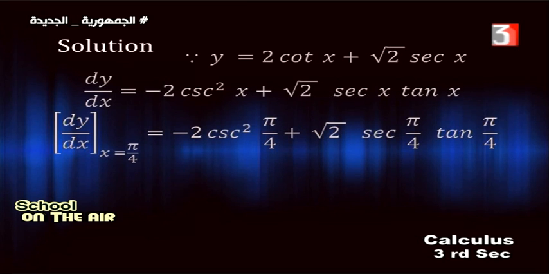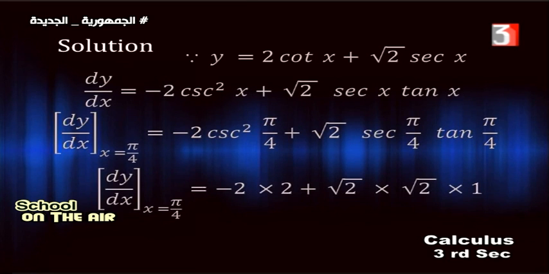We can use the calculator. Then dy/dx at x equals pi over 4, which is the slope of the tangent to the curve at x equals pi over 4, equals negative 2 multiply cosec squared pi over 4, which equals 2, plus square root of 2 times sec pi over 4, which equals square root of 2, multiply tan pi over 4, which equals 1.